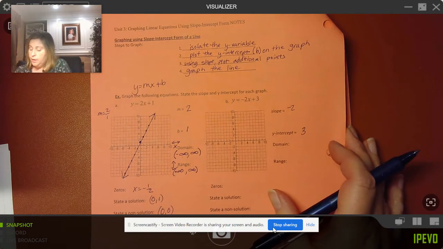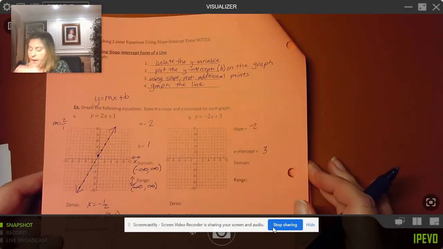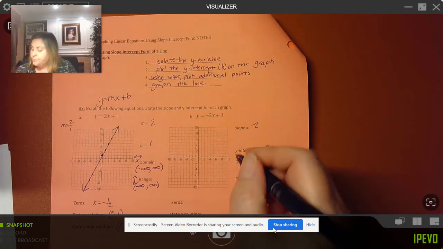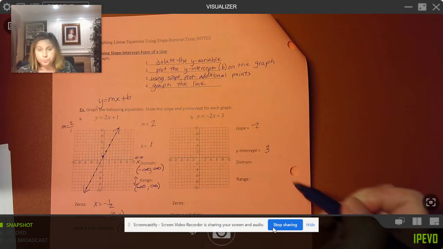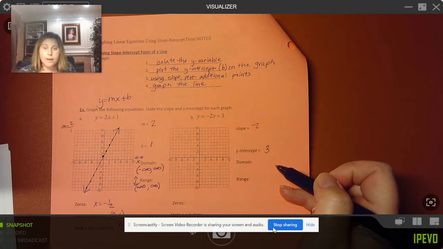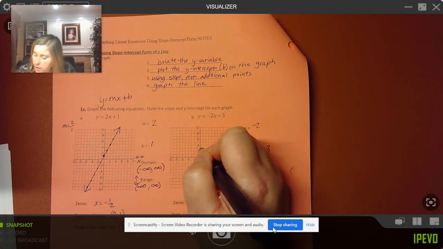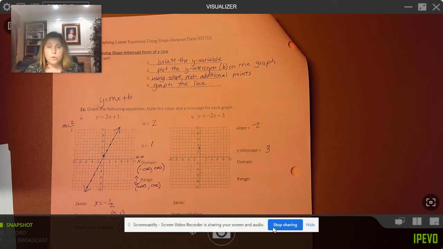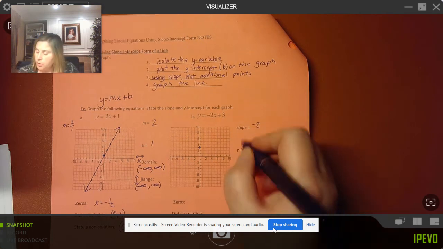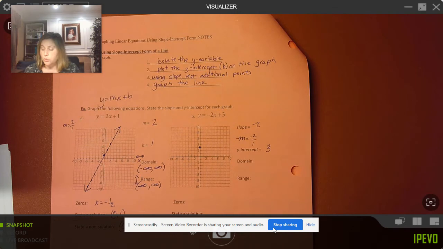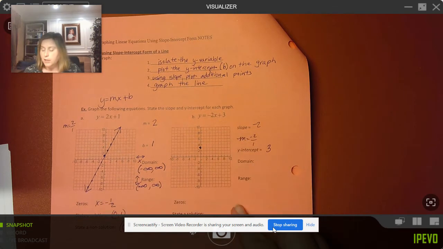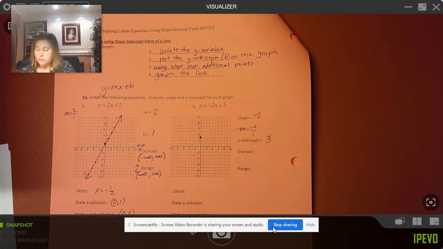Number 2. Our slope is -2, our y-intercept is 3. So I know the line crosses the y-axis at +3, so that's going to be my starting point, and I know there's a slope of -2, so m equals -2/1. This slope is going to fall as we read it from left to right, so it has a negative slope.